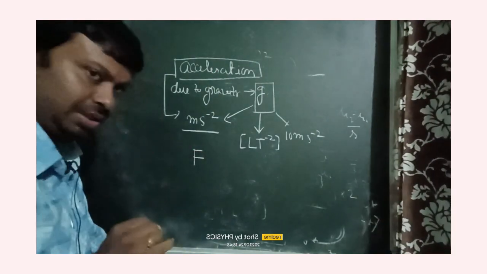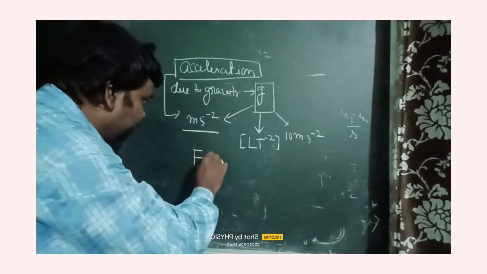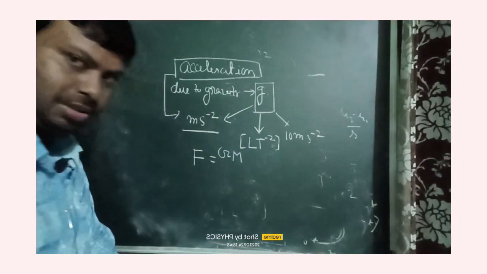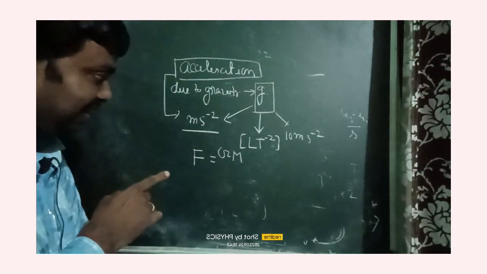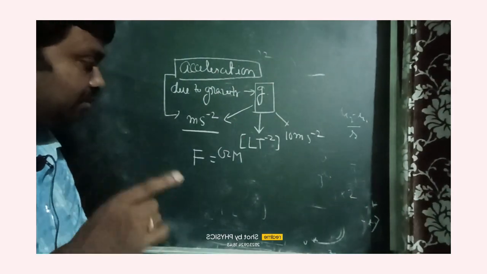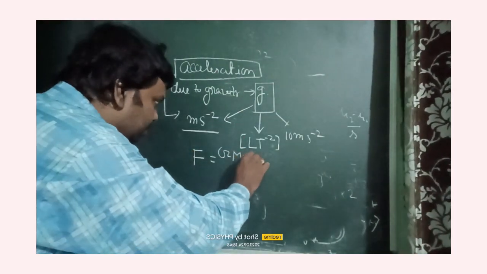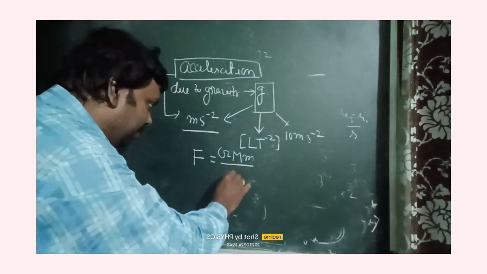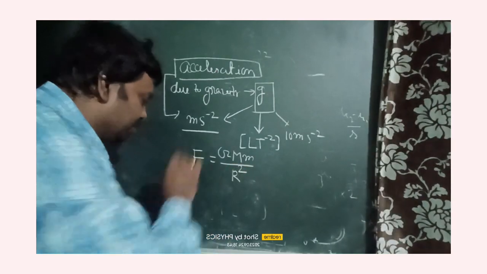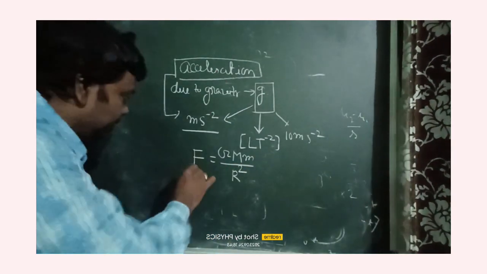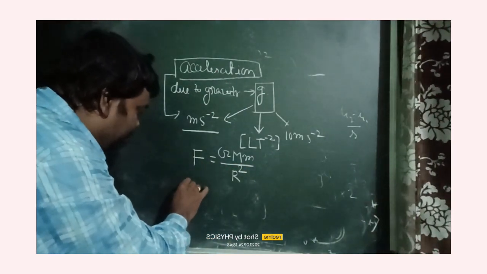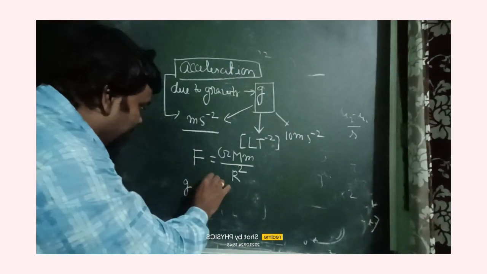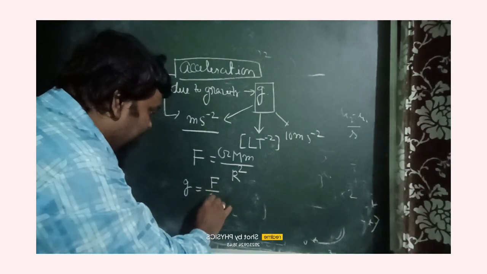Now to find the expression of the acceleration due to gravity, we know from Newton's law of gravitation, F is equal to G capital M small m by R square, where capital M is the mass of the earth, small m is the mass of the object, and the radius of the earth is capital R. Now the acceleration due to gravity, that is g, is F by m.